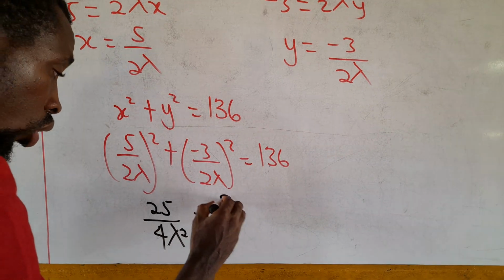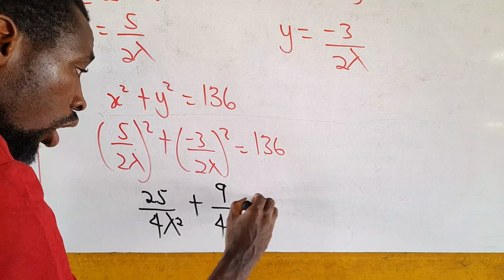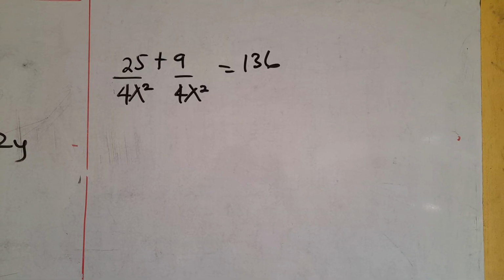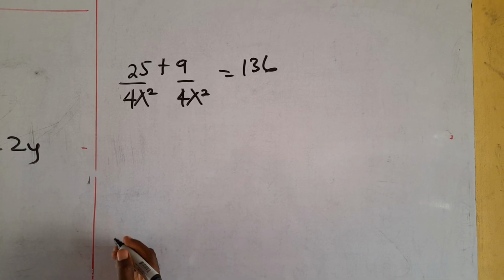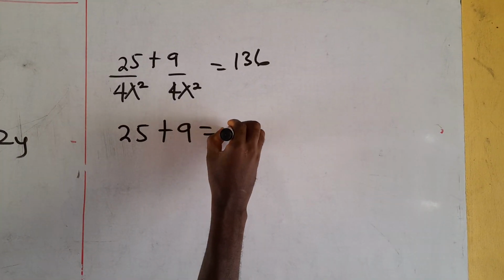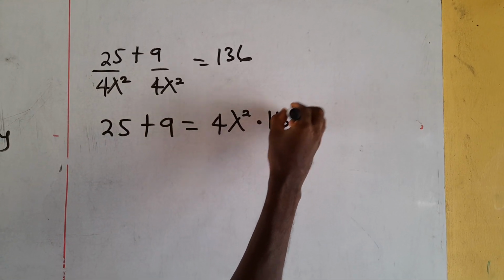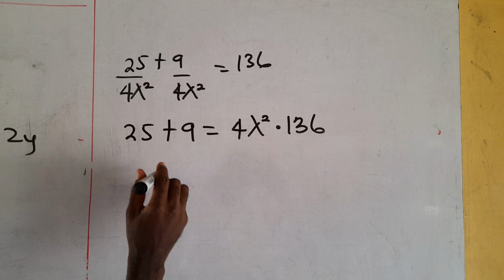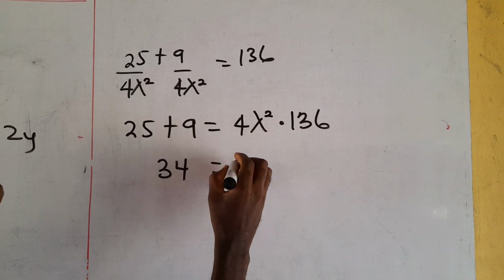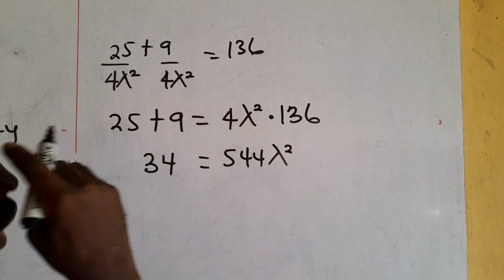Negative 3 squared is 9, so 9 over 4 lambda squared equal to 136. So I'll multiply through by the LCM, which is 4 lambda squared. We have 25 plus 9 equal to 4 lambda squared times 136. 25 plus 9, that will be 34. And 4 times 136 will be 544 lambda squared.